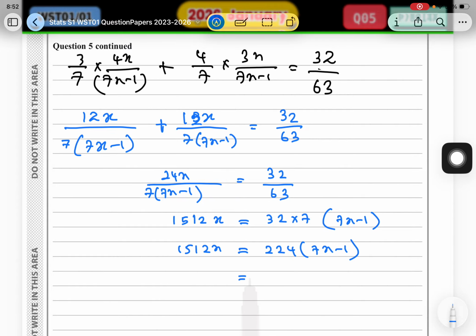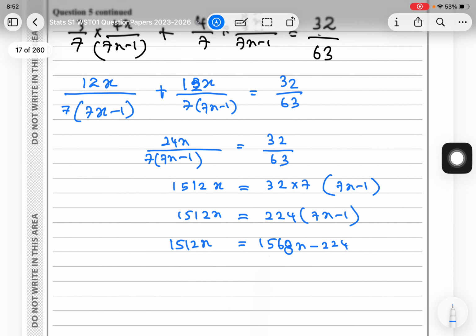So it's 1568x minus 224, and this side you have this number. You can put the x's on the right side and this one on the left side so that we need not deal with negatives. So it's 224, and x is going to be the division, which is 4.